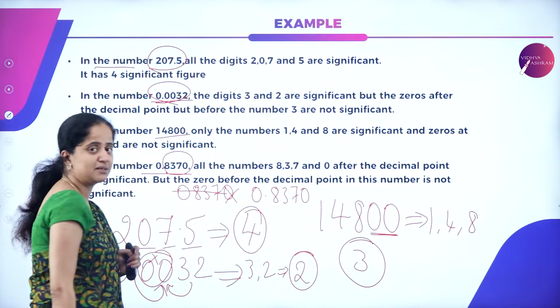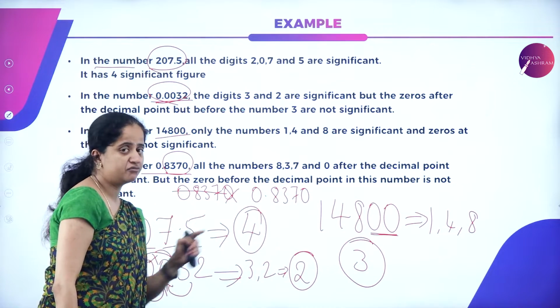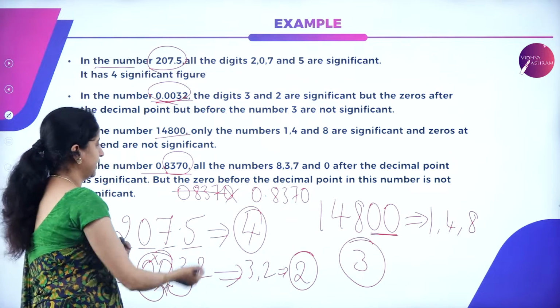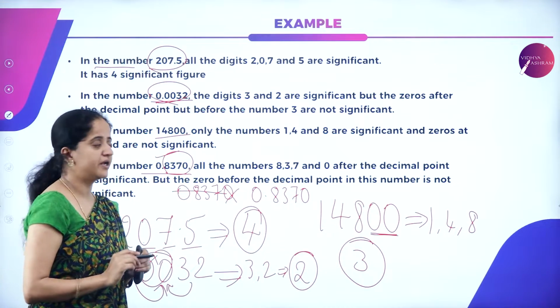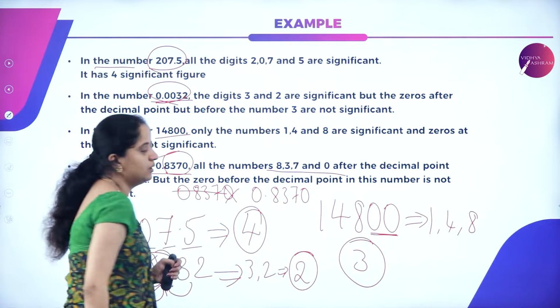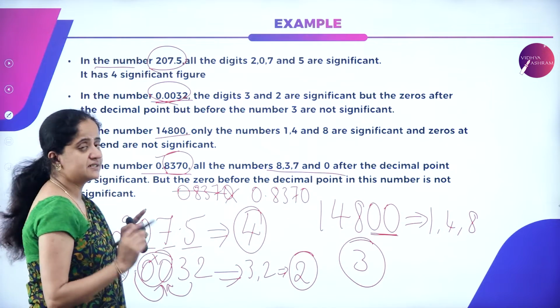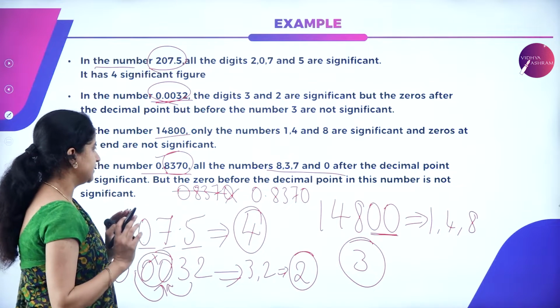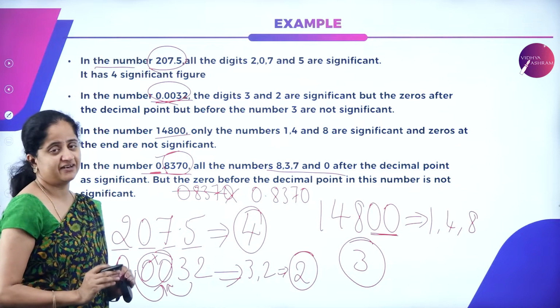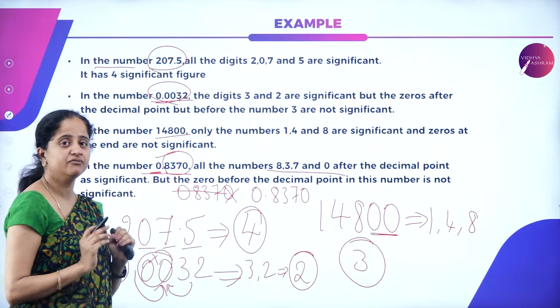Since there is a decimal point, if the 0 at the end of a number is present, then it is also considered as significant. So in this example, all the numbers 8, 3, 7 and 0 after the decimal point are considered as significant, but the 0 before the decimal point here is insignificant. It is not a significant figure.